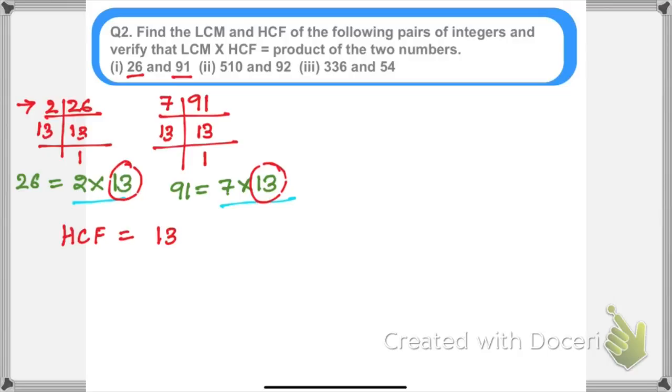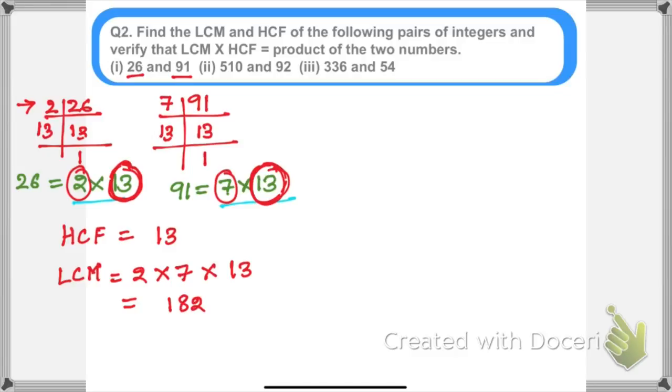And here we'll have to find out the LCM as well. The LCM will be equal to 2 into 7, because these two are not common, and since 13 is common in both of them, we will write a single 13 for both of them. So we will get the product as 182.